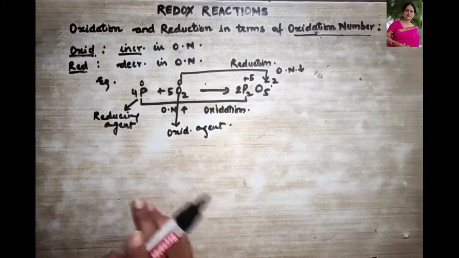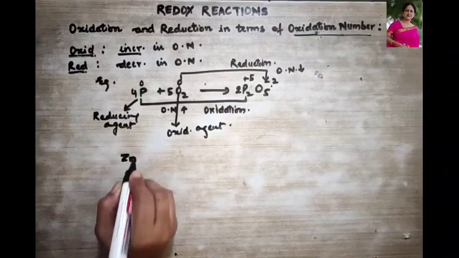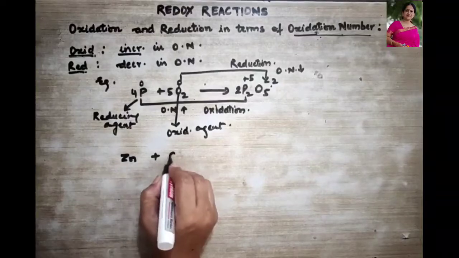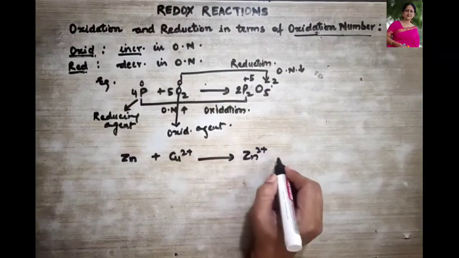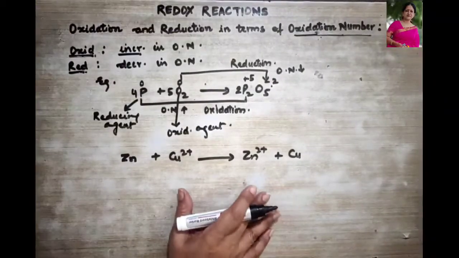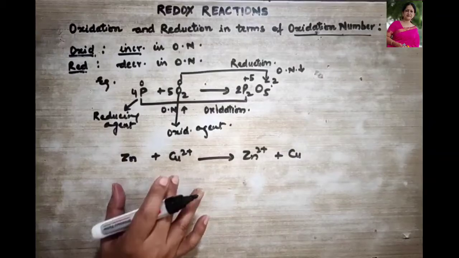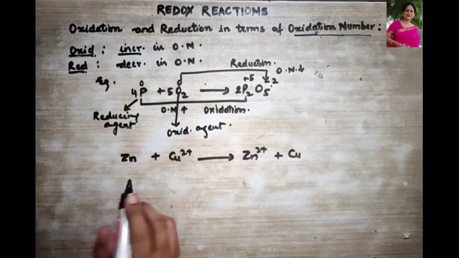Okay. Now let's take another example like zinc combines with copper ion and forms Zn2+ and Cu. Now tell me which element over here or which ion over here is getting oxidized or reduced.